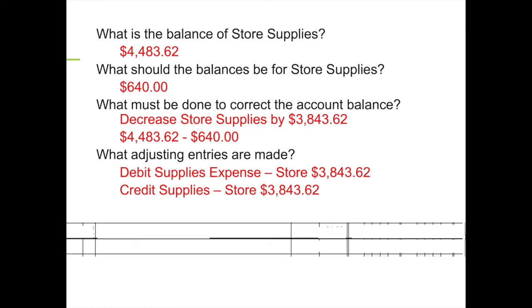To enter that into our journal, we write the date. Our debit entry goes to supply expense for store, and our credit goes to supplies for store. Remember, when you list the credit in the column, you indent slightly and you will write that amount.